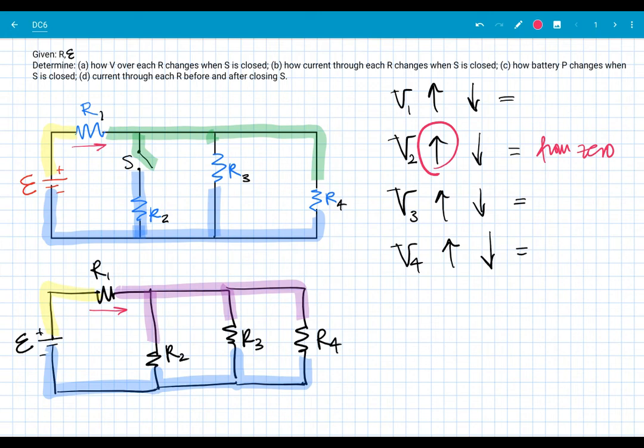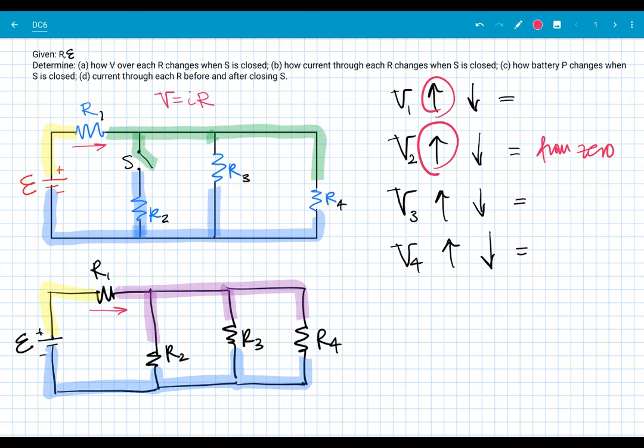When you decrease the equivalent resistance, you're now drawing more current from the battery. When you draw more current from the battery, that means my drop over R1 is going to be greater. And here I'm using V equals IR. So if I increase the amount of current going through a resistor, I've just increased the potential difference of that resistor. So that means that V1, the drop over R1, increases when I close that switch.